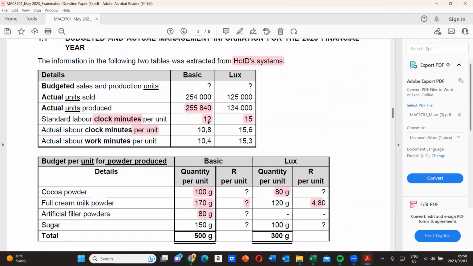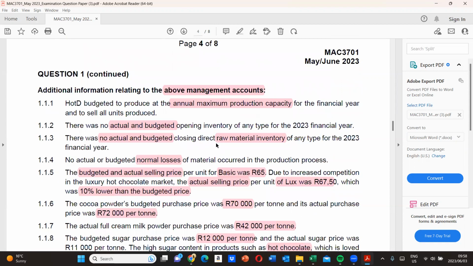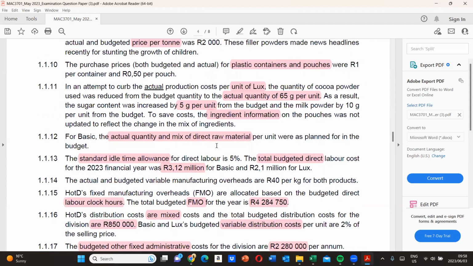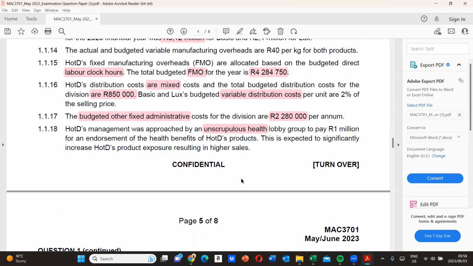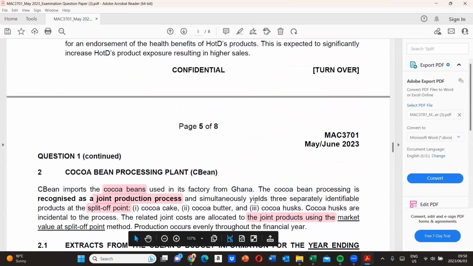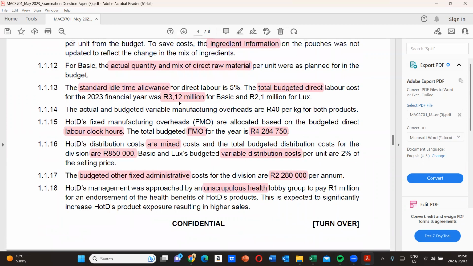And then we're clocking this much per unit. So we could have worked it out. What we could have done in regards to labor, since we are told here, we could have just divided by the total number of hours.